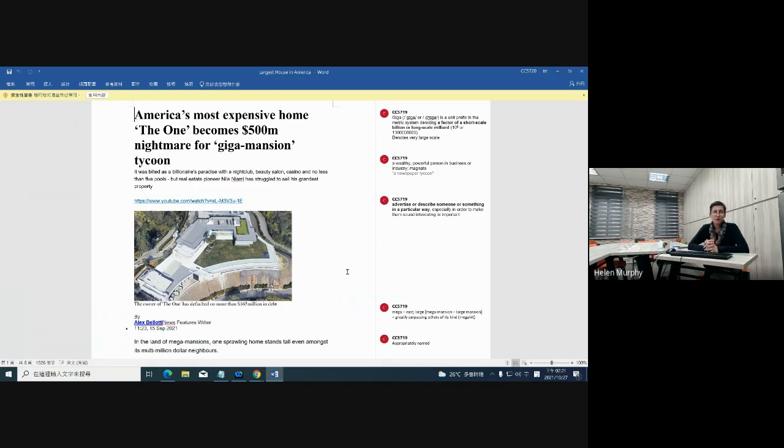When we use it in front of an object, for example, giga-mansion, we just mean a mansion that is of extremely large scale. And this giga-mansion is being developed by a tycoon.